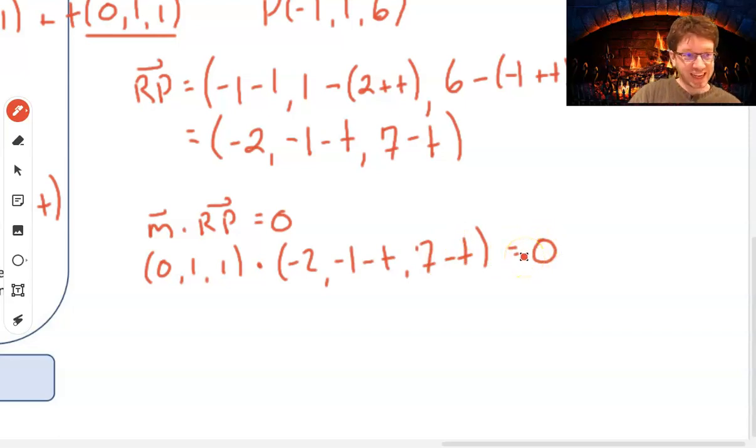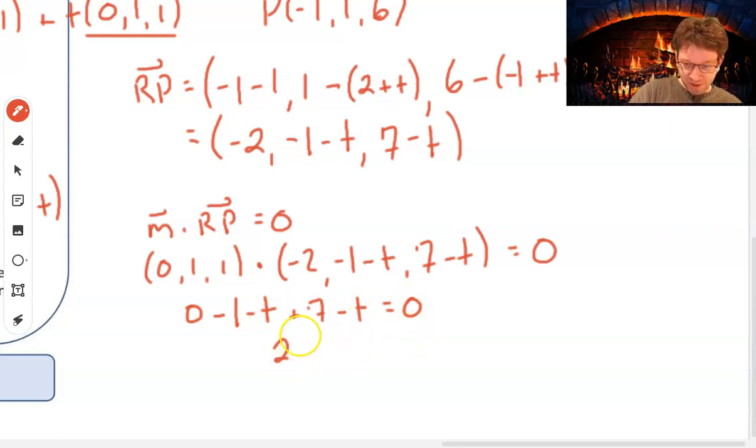And this is going to give me a chance to solve for what T needs to be. So we have 0, and then minus 1 minus T, and plus 7 minus T equals 0. This gives us, if you rearrange a little bit, 2T equals 6, so T equals 3. Since I know that T equals 3 now, I know what that point R actually is.